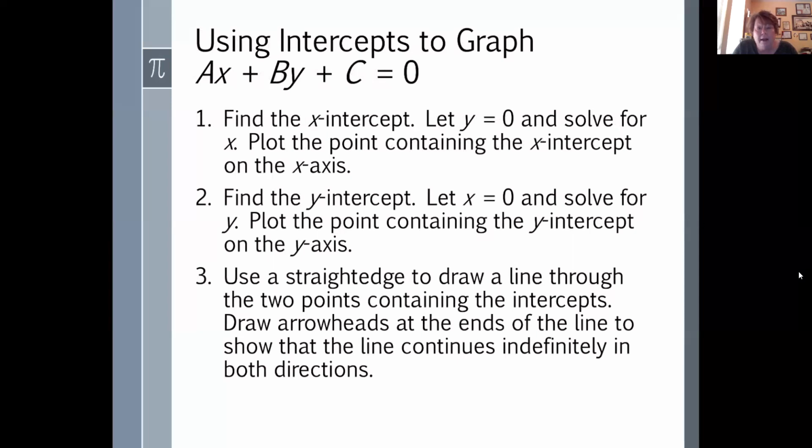To find the y-intercept, you're going to let x equal 0. Again, if you're on the y-axis, x is equal to 0. Let x equal 0 and solve for y. Plot the point containing the y-intercept on the y-axis. Use a straight edge to draw a line through the 2 points containing the intercepts. Draw arrowheads at each end of the line to show that the line continues indefinitely in both directions.